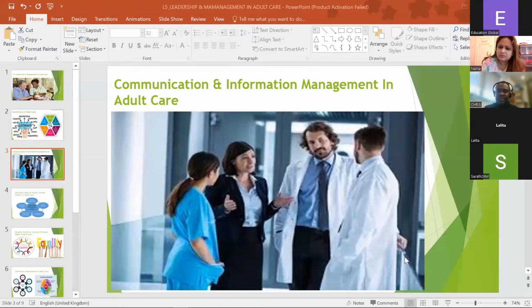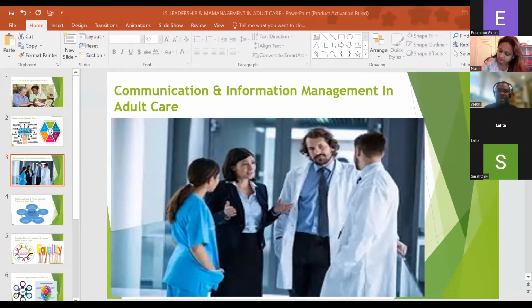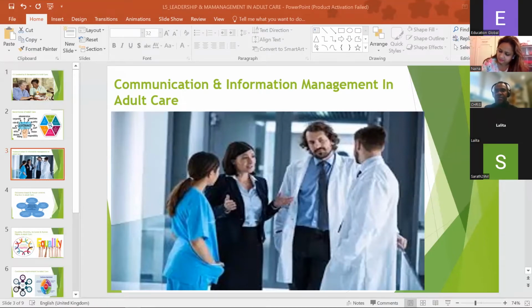All right. So communication and information management in adult care. In adult care, we manage a lot of information of both staff and patients or residents, individuals. So under this unit, we'll be looking at how to use communication skills in relation to the individuals, their families, and also the staff that look after them.